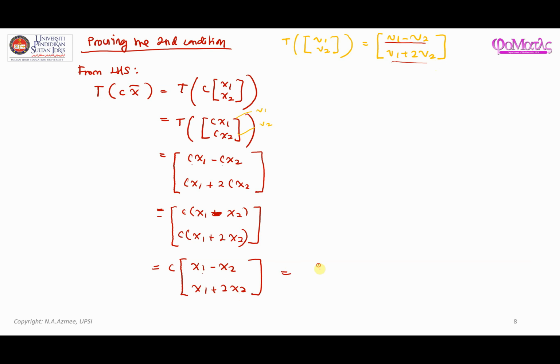So we know that this is equal to C times T, where the input here is x1 and x2. And that can be written as C times T of x vector, with x vector as an input. So we have managed to show the left hand side here is equal to the right hand side given here.